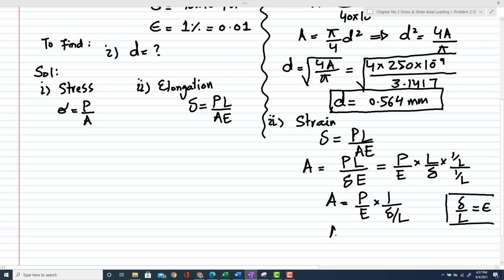So I will put the value of P over E, and instead of this terminology I will put the strain value.